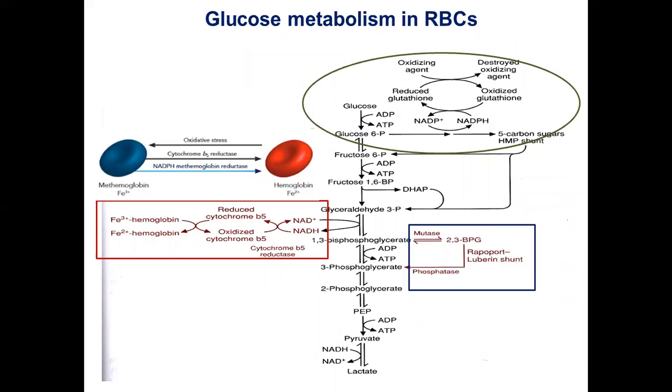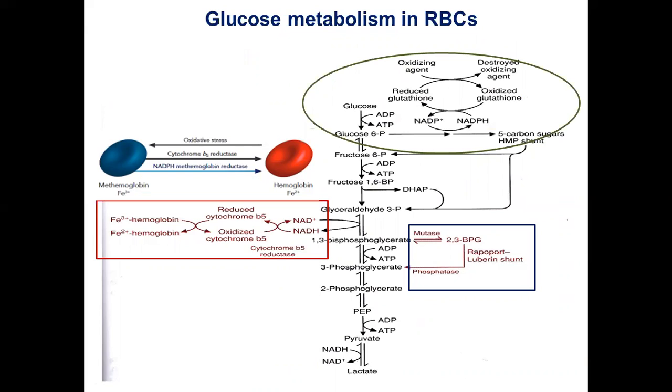In the red blood cells, about 90% of glucose is metabolized through glycolysis, forming lactate, which is extracted into the blood. Anaerobic glycolysis is the only pathway that supplies the red cells with ATP.